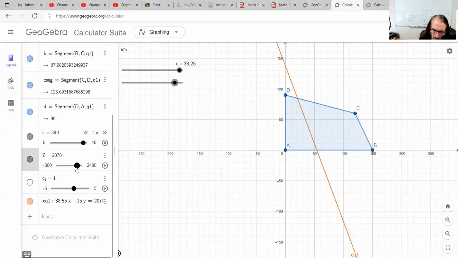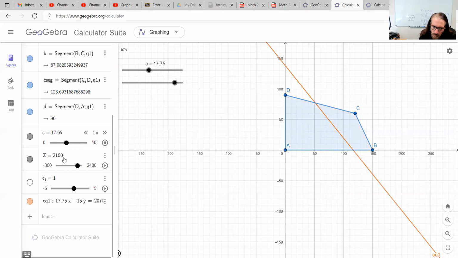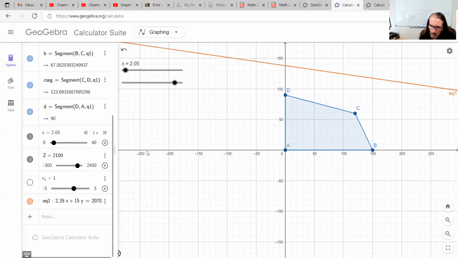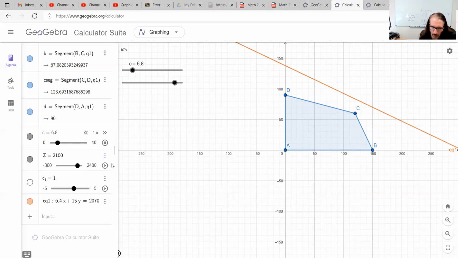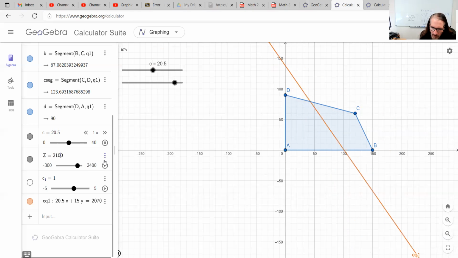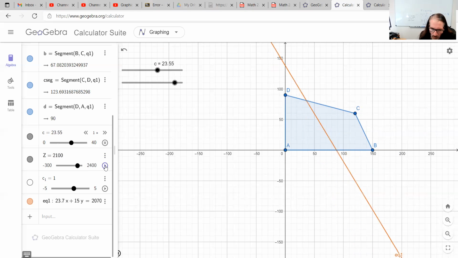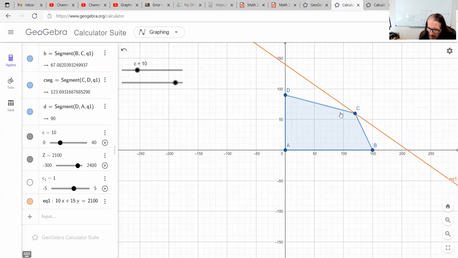It produced a maximum value of 2100 when it hit point C, i.e. 120, 60, at that intersection.